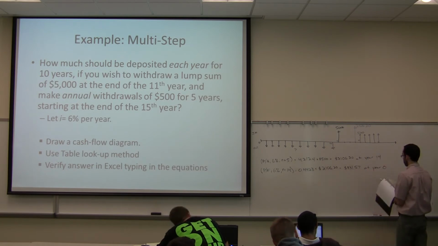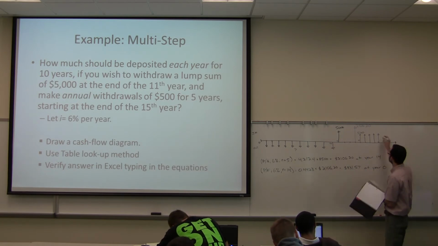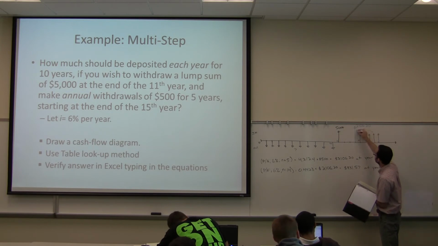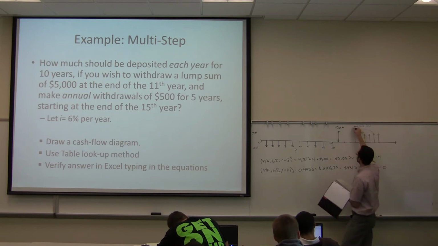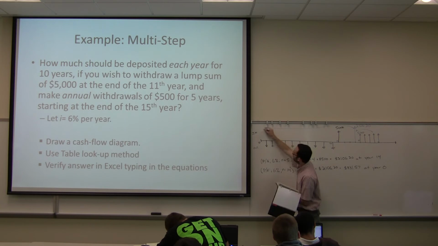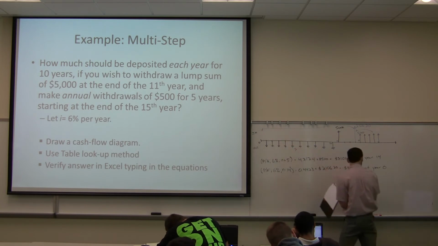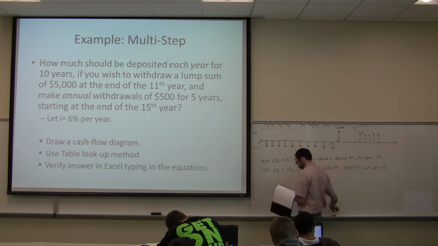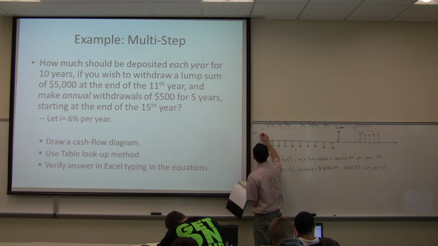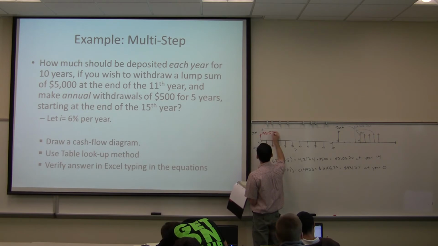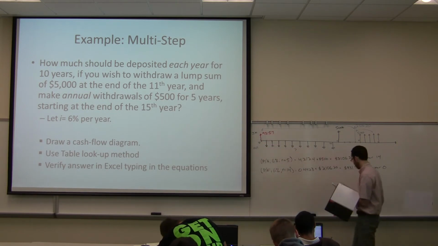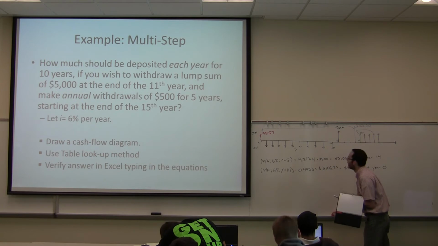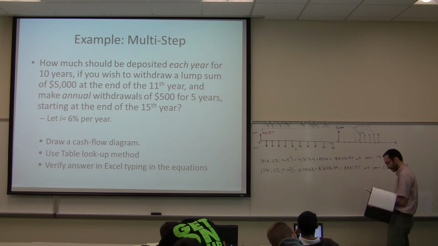So now I've moved all of that to there. Now I'm going to move this to year 0, and it is equivalent to 931.57. So I made a couple of jumps there, showing just the techniques with the multi-step problem.